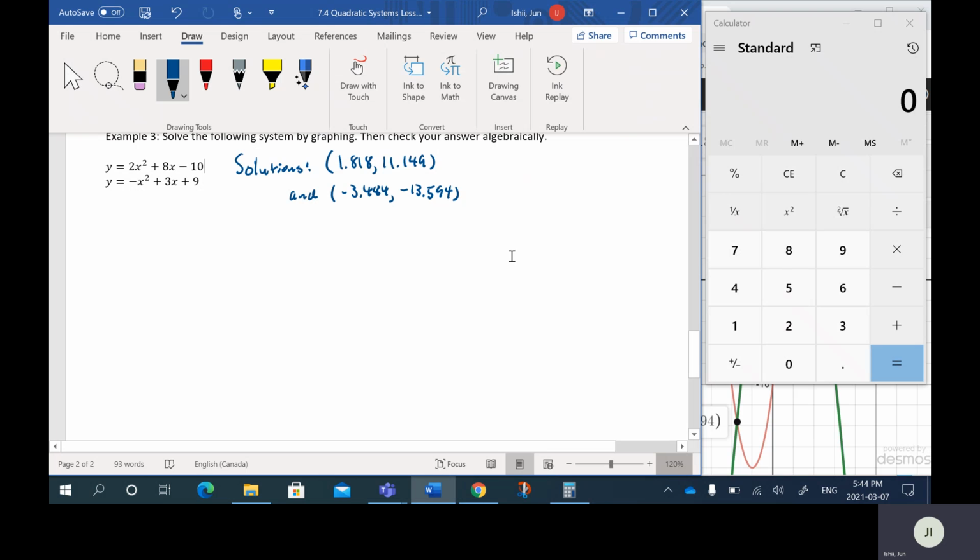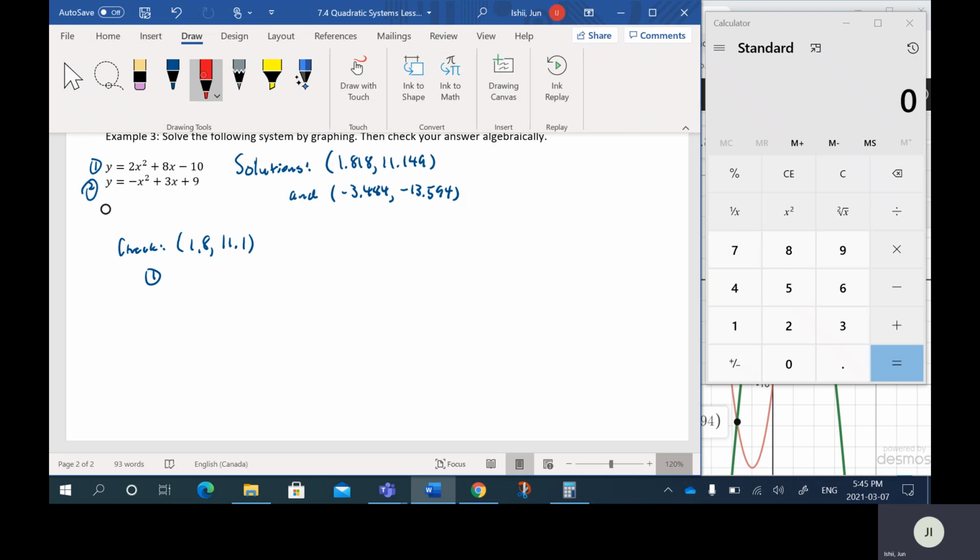All right, so first one here, let's check this one point. You know what? I'm going to round it. I know what ends up happening is if I round it, perhaps the number is going to be off just slightly, but as long as they're close, that's fine. So I'm just going to go 1.8 and 11.1. All right, so let's check that one. We'll call that 1 and 2. So I plug it into the first equation there.